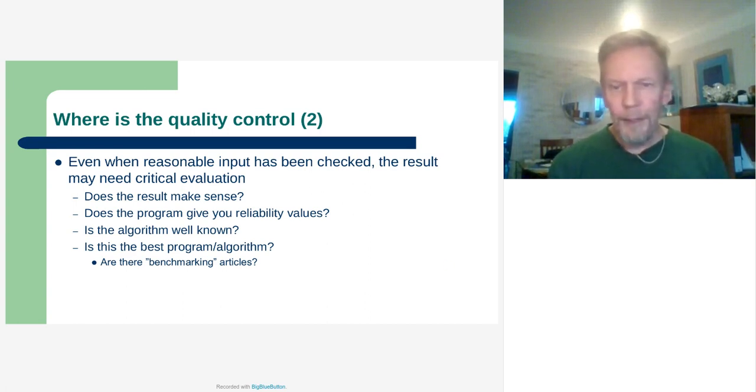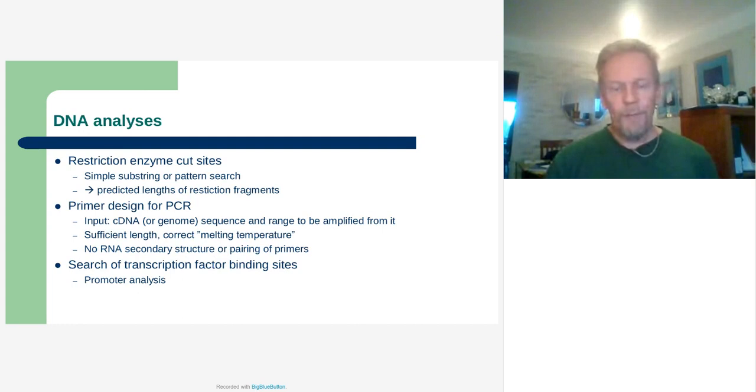And again, sometimes you need to be critical if, for instance, the benchmarking article is using a set of sequences which was used in training of one of the programs. So obviously it will be very successful with the training examples. But anyway, reading is the key, as for a lot of science here.